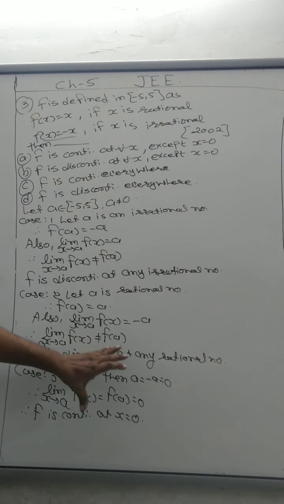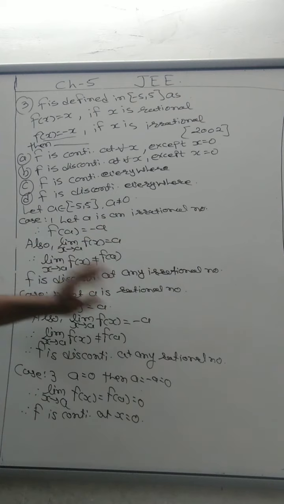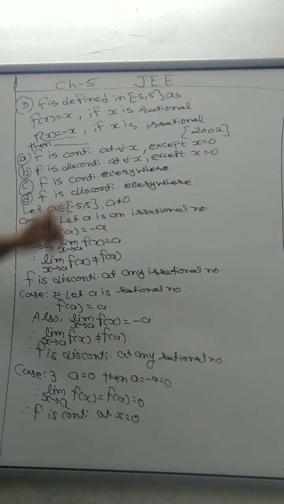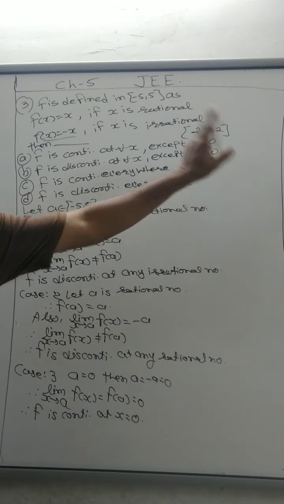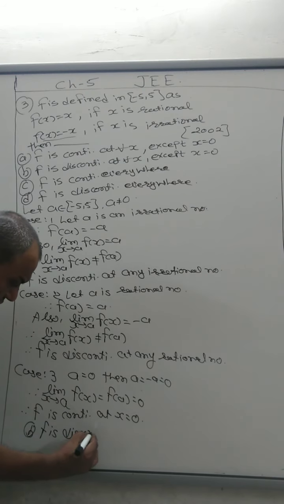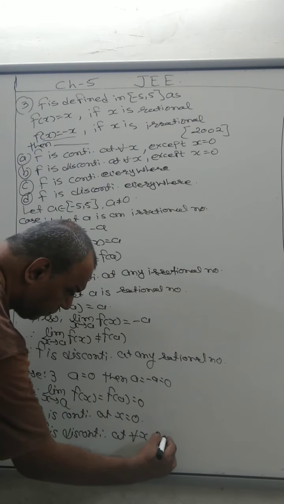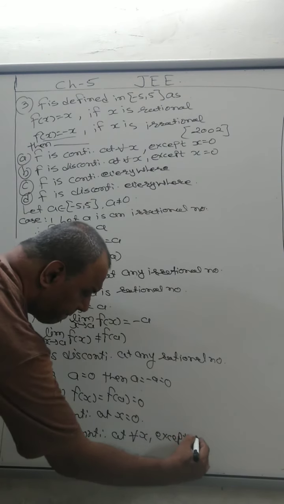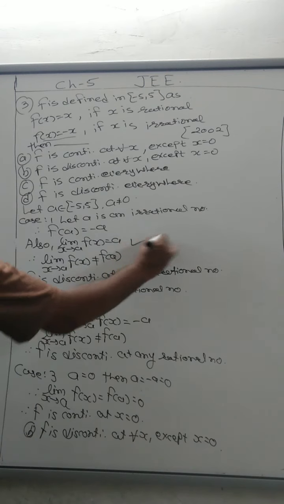So f is only continuous at x equal to 0, not at irrational or rational points. So we can say that f is discontinuous at every x except x equal to 0. So B is our answer: f is discontinuous at every x except x equal to 0. Right? You may have one doubt: how is this possible?